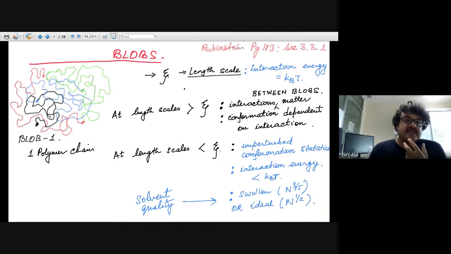What I have done is draw various polymers, and what I want you to see is that the central part of this black polymer is surrounded by other monomers from the same polymer, and only if you go larger than a certain length scale does this polymer get to meet the red polymer or the blue polymer or the green polymer.